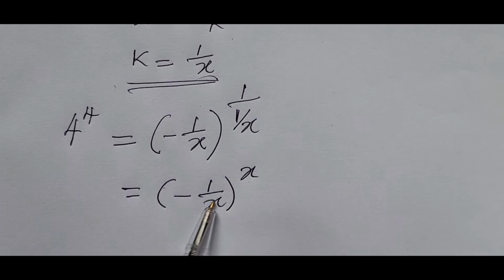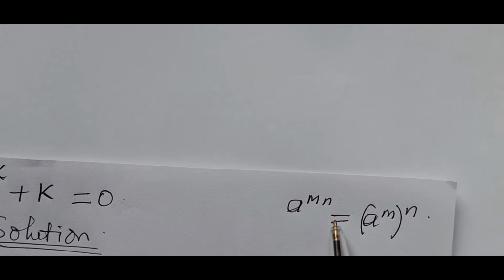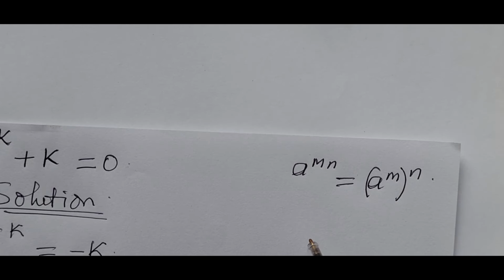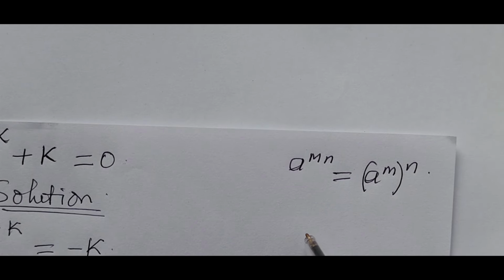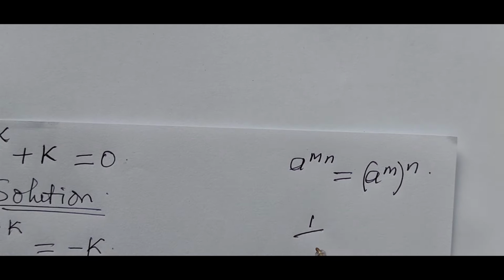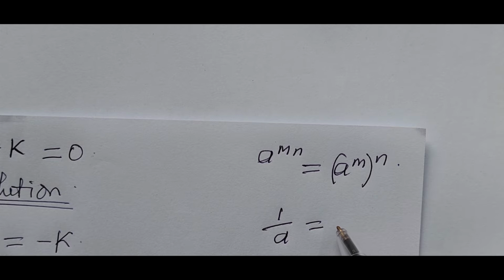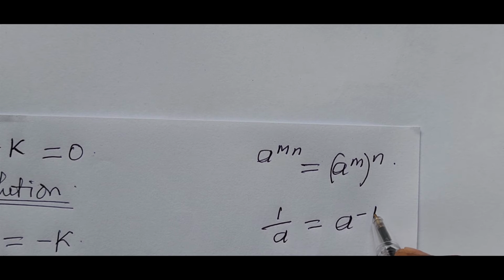Now we can rewrite this according to the law of indices, which says that 1 over a is the same thing as a raised to the power of minus 1.